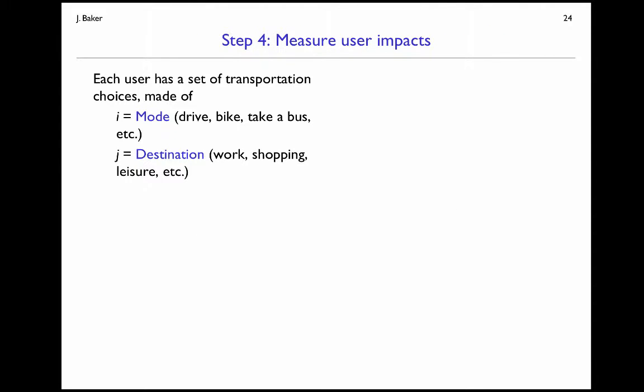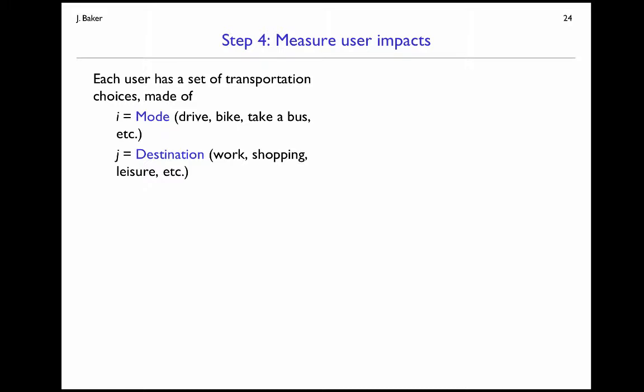Now, what's more interesting for us in this analysis is to try to measure user impacts through something more stable. Each user of this network has a set of transportation choices, associated with a mode and a destination. A mode means the user could drive, take a bus, take a train, or ride their bike, and they have destinations they'd like to get to.